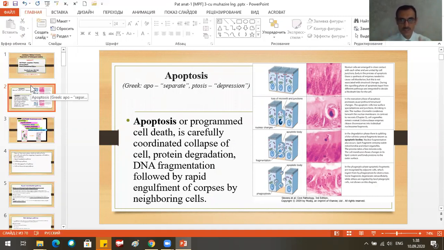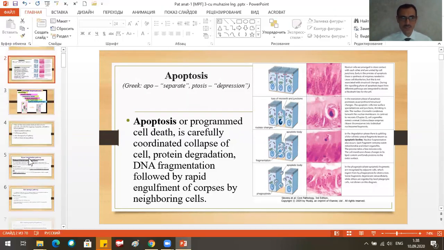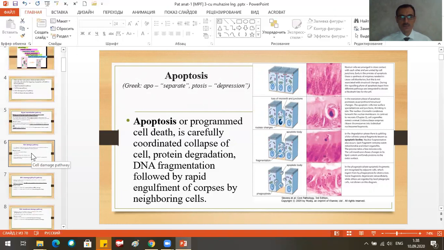During this process, only 1 cell undergoes this and the neighboring cells not affected. The neighboring adjacent cells, they preserve their structure, but during the necrosis, the process spread into the neighbor cells, because during the necrosis, the cell ruptures and the contents, the active lysosomal enzymes, start to destroy the adjacent cells.